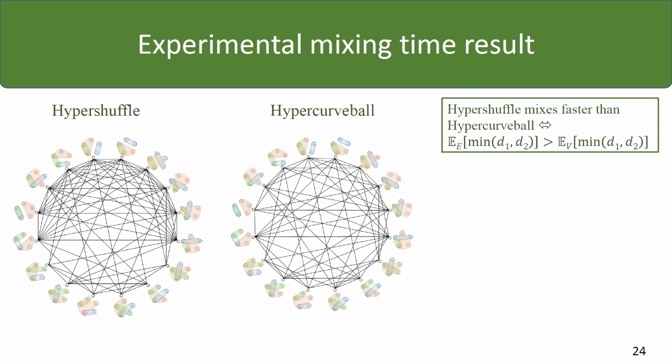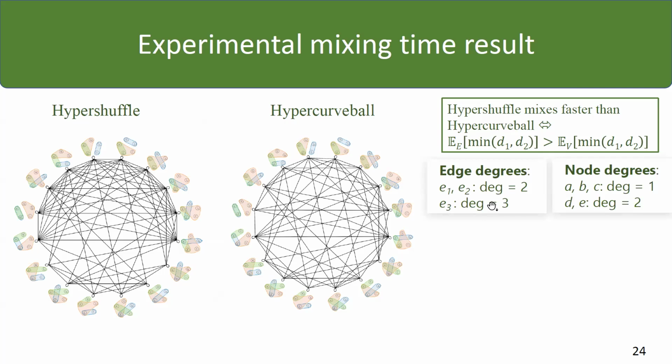Okay, so let's see if the new theory also holds for our specific little example. So we know the degrees of the hyperedges that we have involved, so we can compute these two quantities. These are the results. And from this, again, we can see that the expectation with respect to edges exceeds the other one.